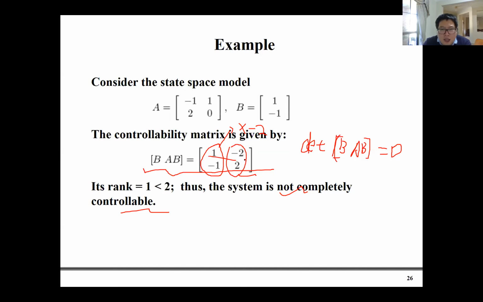And also, if we look at the rows, if we multiply the first row by -1, then we can get the second row.